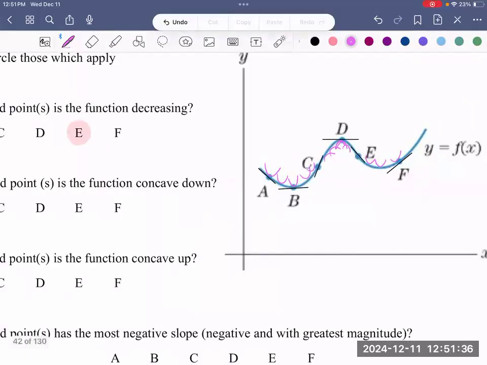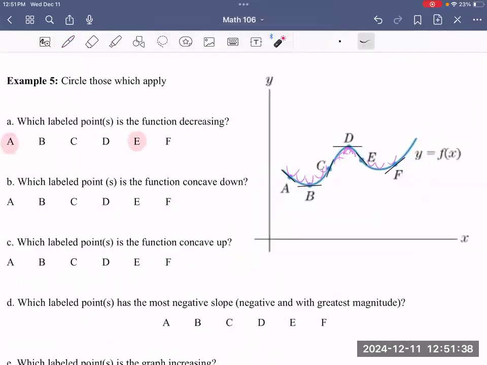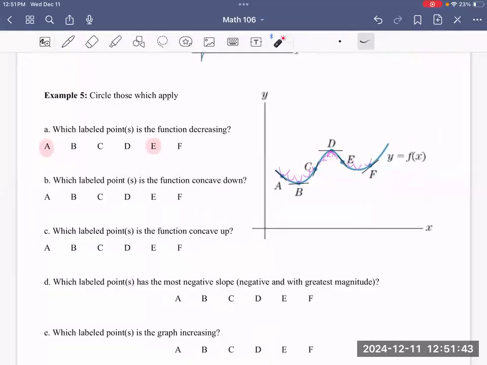Well, it looks like we're going to be concave down at D, and I think that's it. And concave up, we're at A, B, and, well, maybe not so much at E, but at F.